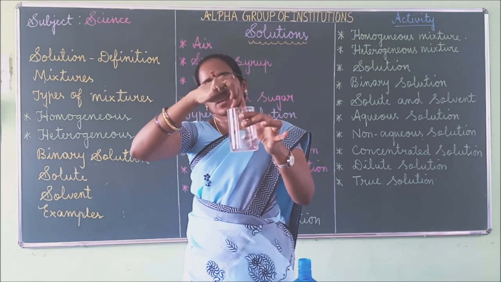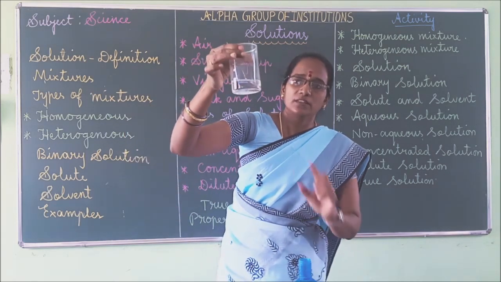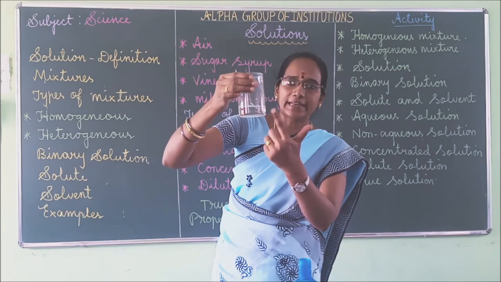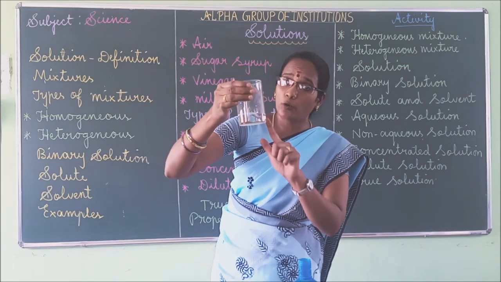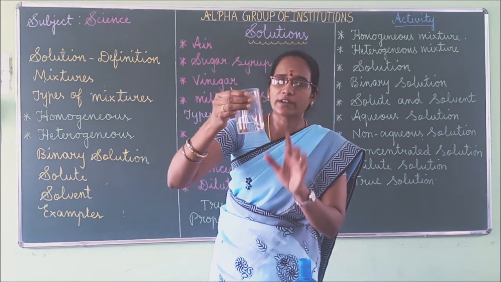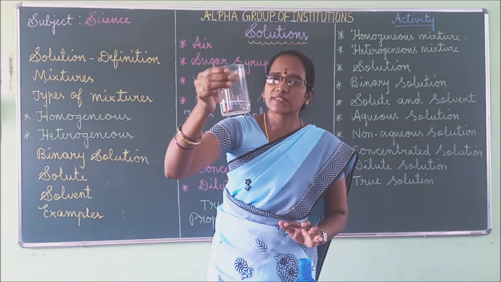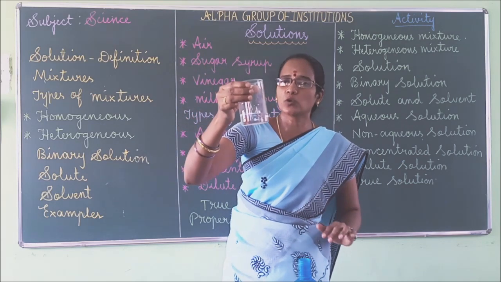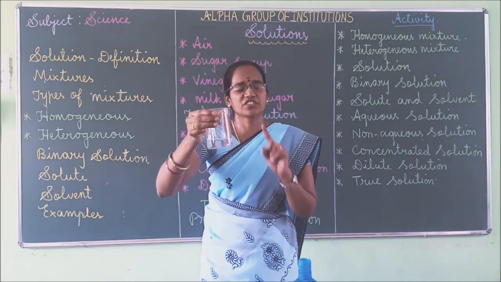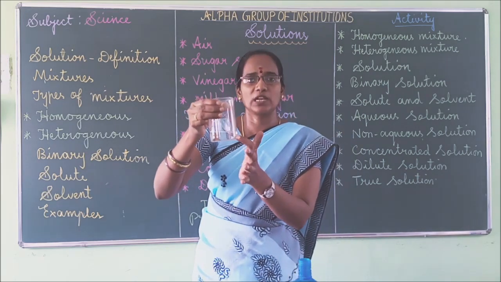What do you observe now? You will observe that the baking soda completely mixed with water. How many components I added here? Two components. One is water, another one is the baking soda, isn't it? So it forms a solution. Binary solution means a solution which consists of two components, baking soda as well as water.